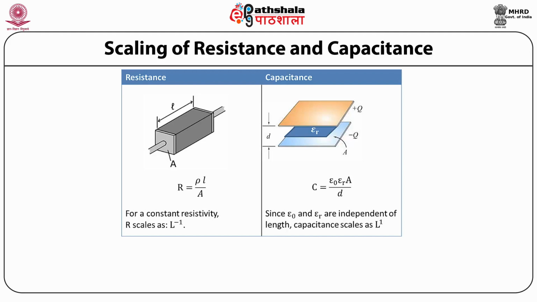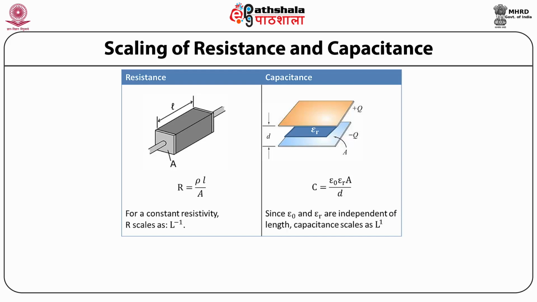As shown in this figure, R, the resistance of the rod, is equal to rho L by A, where R scales as L to the power minus 1.